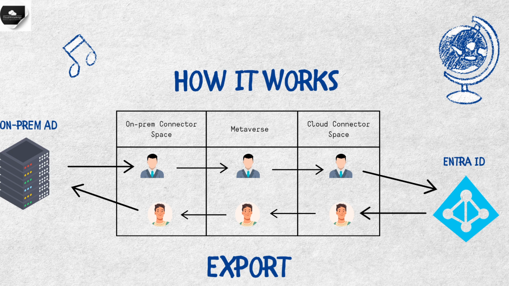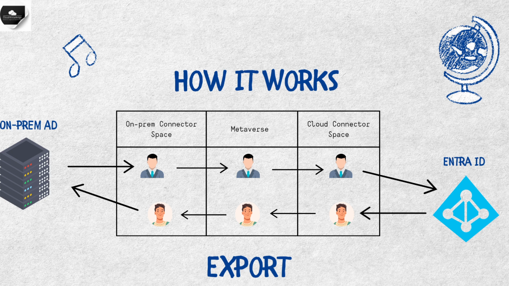Okay, so you can understand here, we have the on-prem connector space, we have the metaverse, we have the cloud connector space. In all three spaces the user will be created and the details will be stored, all the rules, all the attribute transformations, all the objects that you have created.